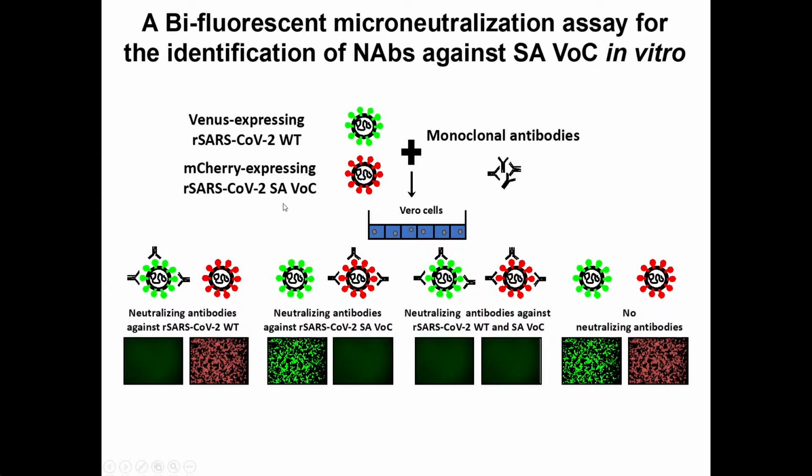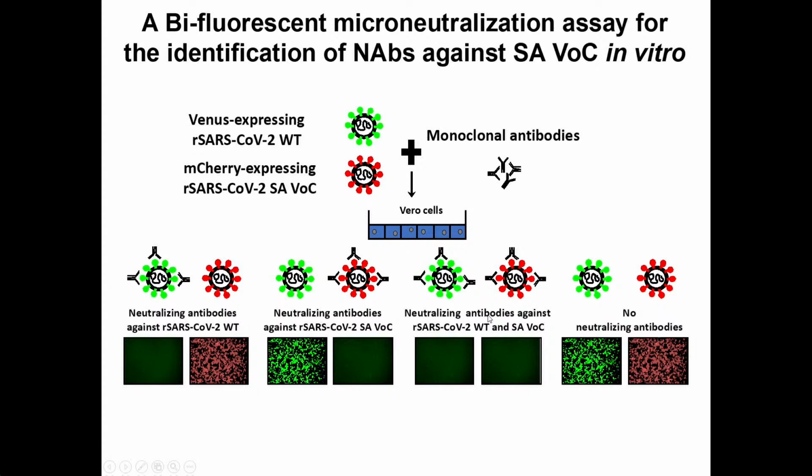So what we did is to incubate the original virus, Washington strain, that expresses Venus, with this variant of concern that expresses cherry, with monoclonal antibodies, and then infect cells, with the understanding that if the antibodies do not neutralize the virus, it will be able to infect the cells, and we will see fluorescent Venus and cherry expression.